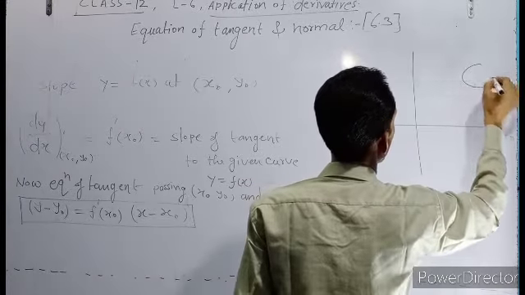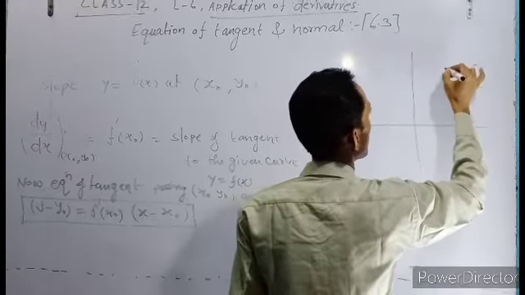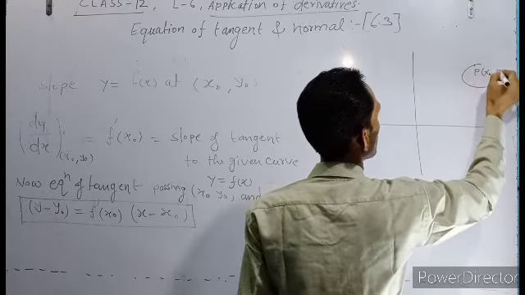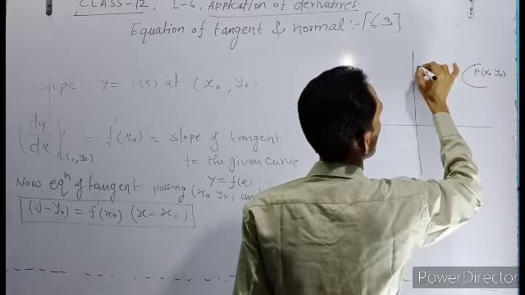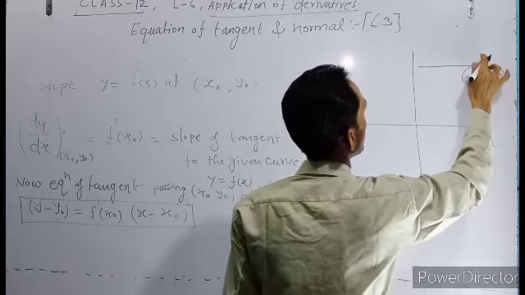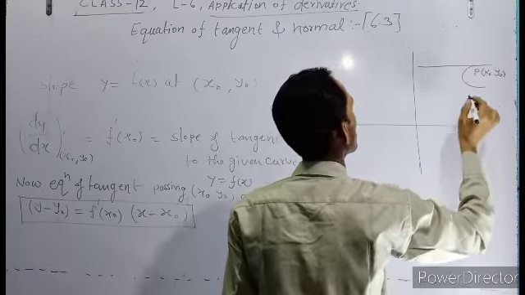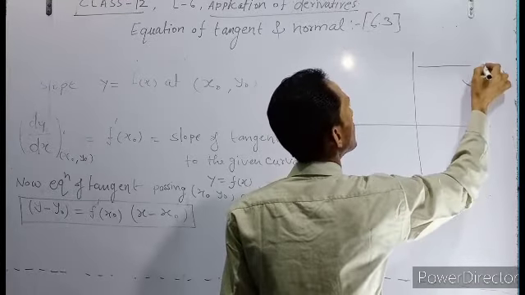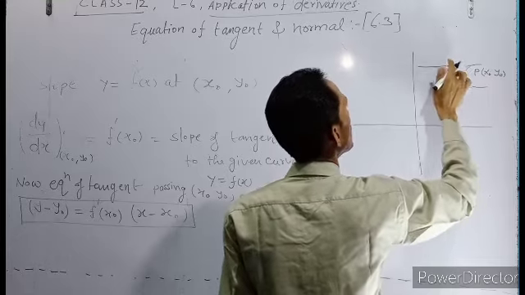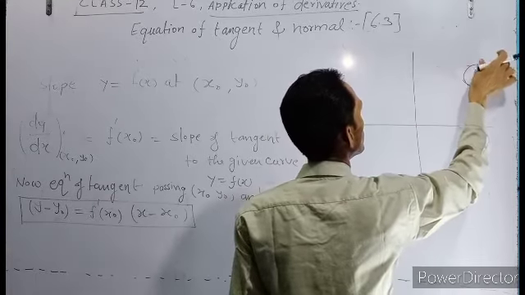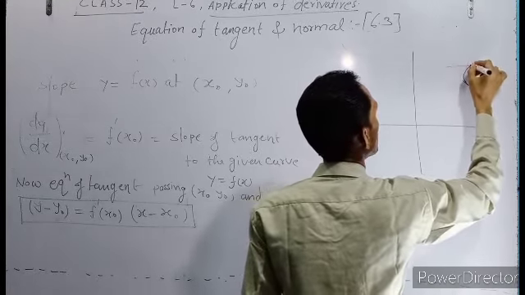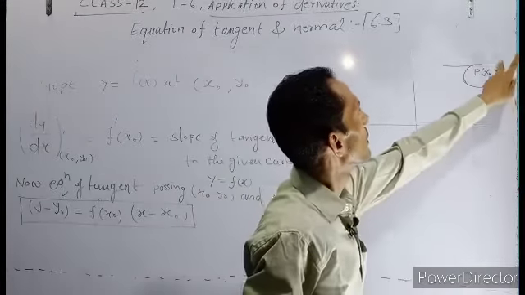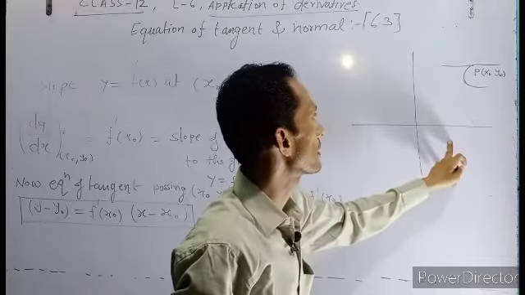that is the curve. Okay, the tangent is this one at this point P. You can see that the tangent is parallel to the x-axis.